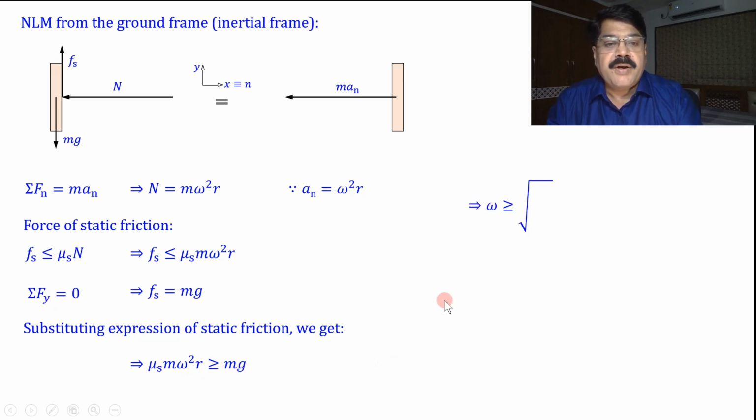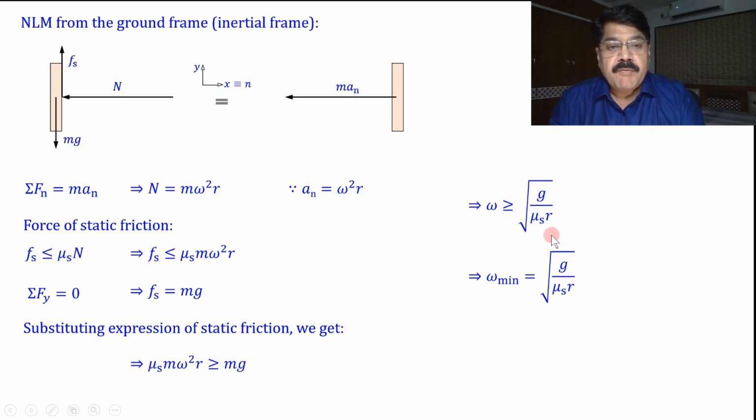From here, omega must be greater than or equal to under root g upon mu_s into r. This is the angular velocity, and the minimum angular velocity is omega minimum equal to under root g upon mu_s r. In this way, we have calculated the minimum angular velocity of the rotor so that the buoy will not fall. Again, these are very simple examples.